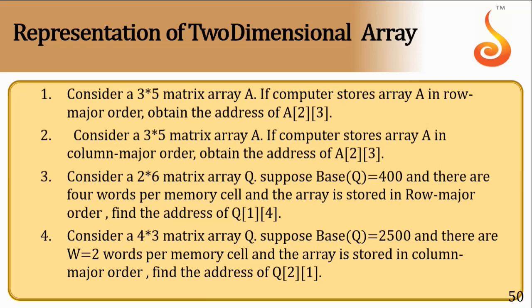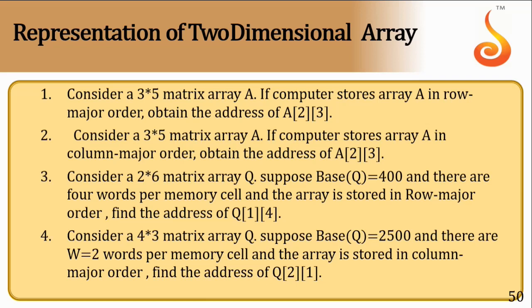So here I need to say which block of memory would be the element in the position A of 2, 3. That is, A of 2, 3 is nothing but the element present in the position second row and third column. 0, 1, 2.